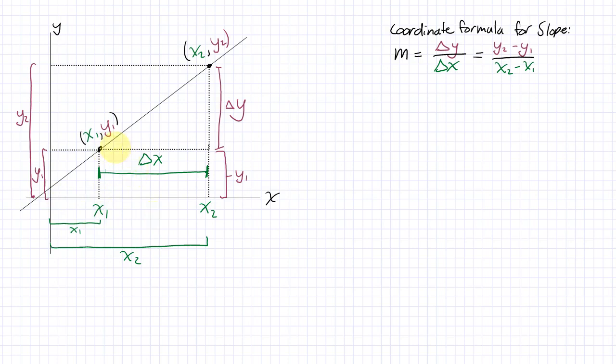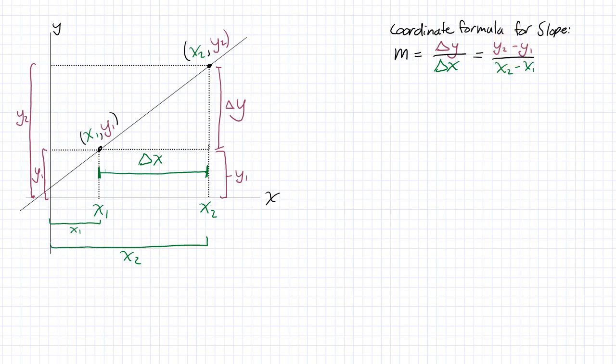So if you want to know the horizontal distance between them, it's just going to be this total distance x2 minus what you don't have, the x1. That leaves you with the distance between them. And that all works well in this kind of setup where the x2 is greater than the x1 and the y2 is greater than the y1, and both of these numbers come out positive.